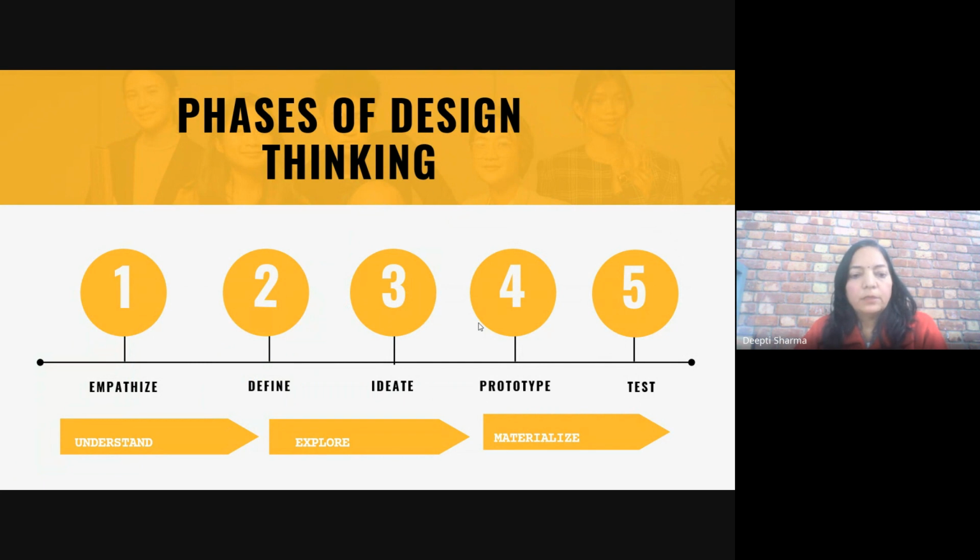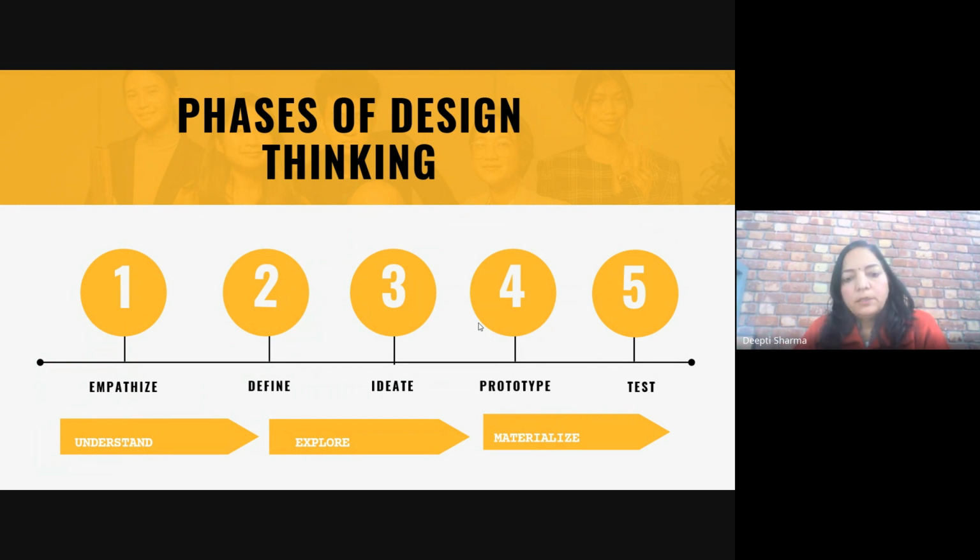So these are the phases of design thinking. We have 5 phases: first is empathize, then define, ideate, prototype, and test. The empathize and define phases are more involved with understanding of the concepts, and we can relate them with the initial phases of Bloom's taxonomy.